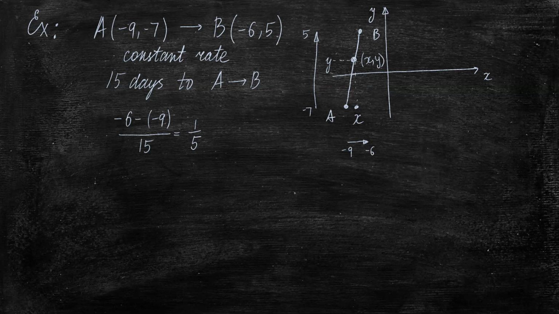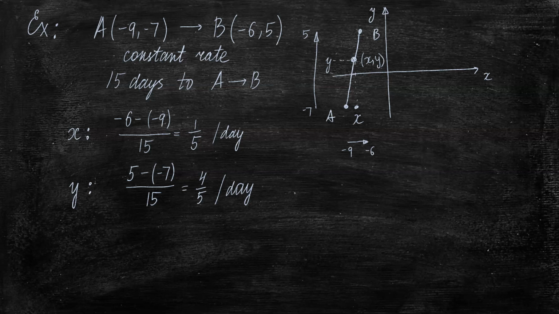So this is how it advances along the x-axis, 1/5 per day. And what's going on along the y-axis? Something similar. We went from -7 to 5, so the total change was 5 minus -7, which over 15 days is 4/5 per day.